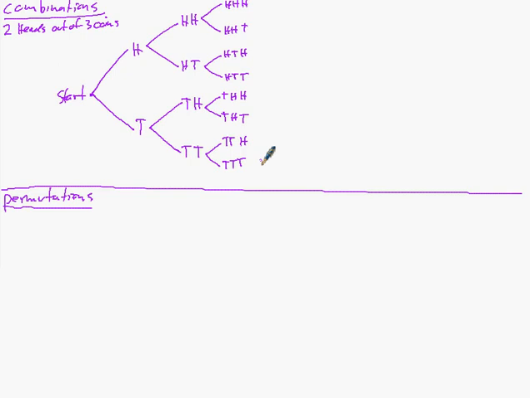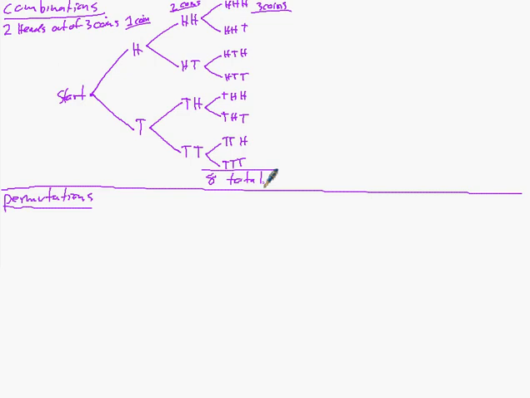You'll notice that this is 1 coin, this is 2 coins, all the possible combinations, and this of course is 3 coins. And how many are there total? 1, 2, 3, 4, 5, 6, 7, 8. So 8 total combinations.